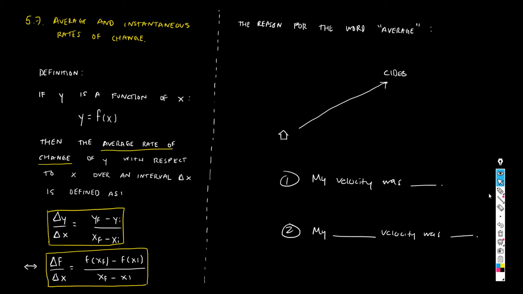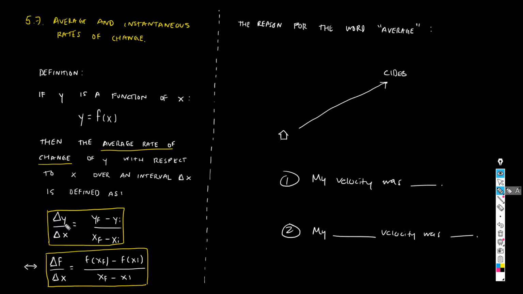If a variable y is a function of a variable x, as you know by now, in other words y depends on x, then the average rate of change of y with respect to x over an interval delta x is defined as delta y over delta x, which is equal to the final value of y minus the initial y, over the final x minus the initial x.